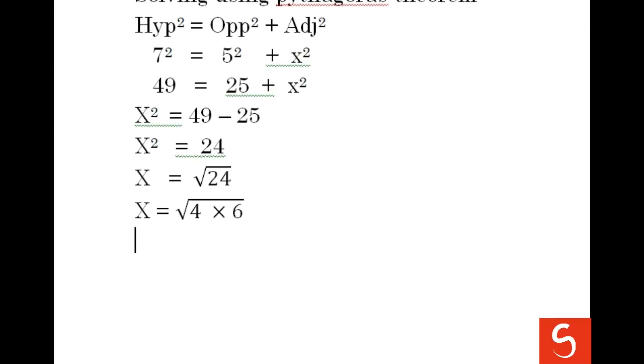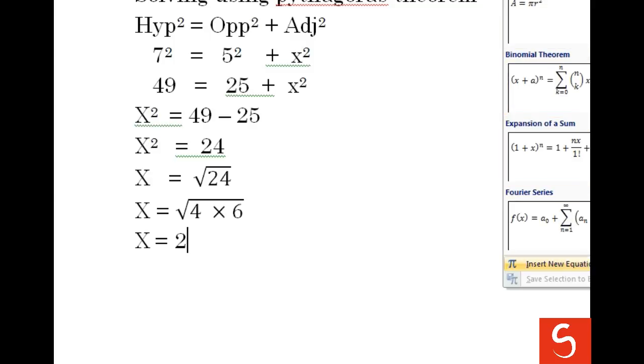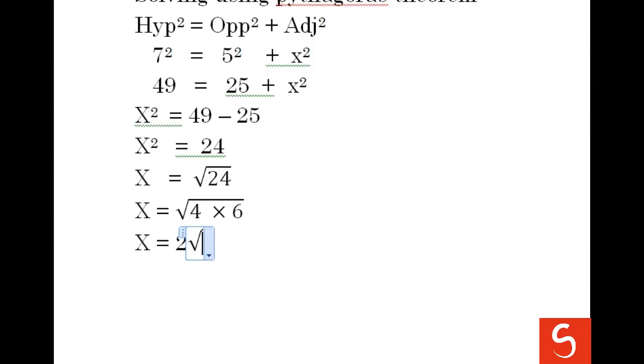Therefore x is equal to 2 root 6. That is the value of x.